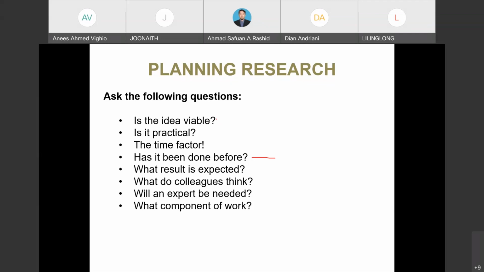For example, for numerical methods, we can learn from somebody else. But for laboratory work, we need to prove it on our own by conducting the testing. If the testing is not working well, we will face problems to complete the study.